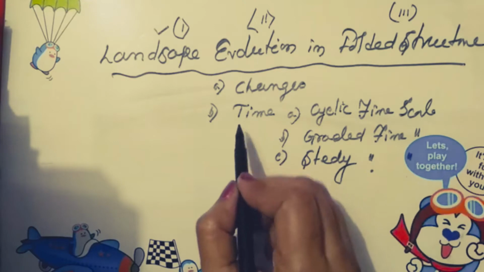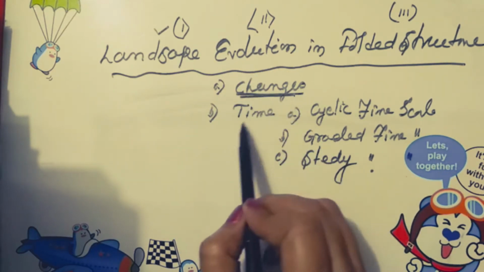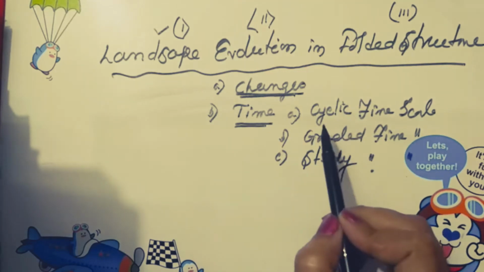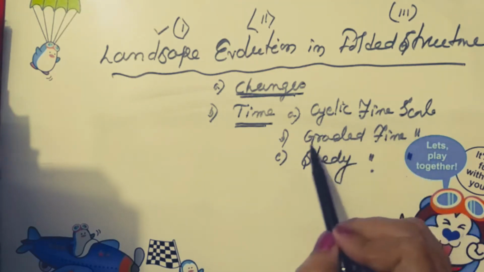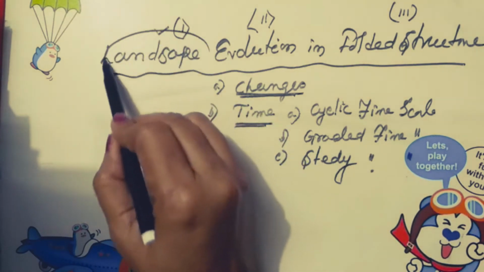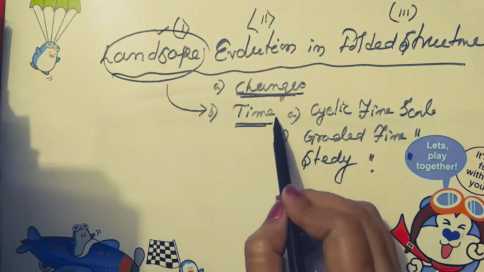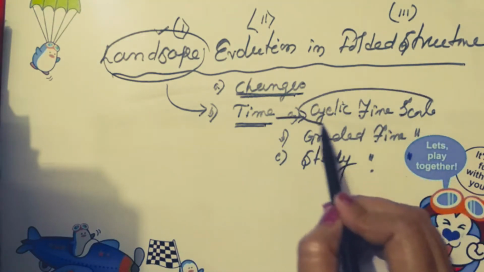Okay, so evolution normally related to the changes through the time. Time scale are three types: cyclic time scale, graded, and steady. Here, in the case of landscape evolution, time scale is very important, and that time scale related to cyclic time scale.